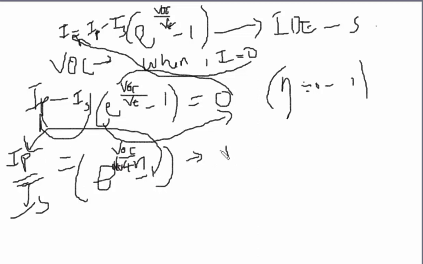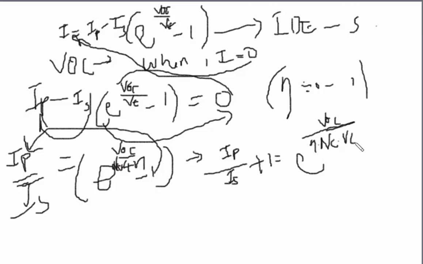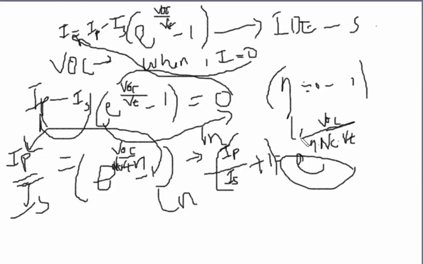Then I will get IP divided by IS plus 1 is equal to e to the power of VOC with the ideality factor and number of cells into thermal voltage. Then I want to remove this exponential term, so I have to take the log or ln. So by taking ln on both sides, this will cancel. I will get ln here.